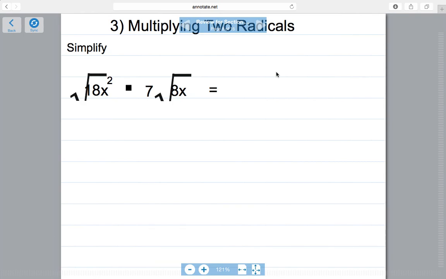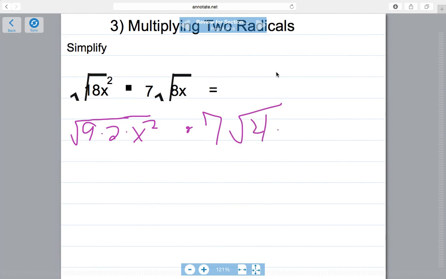So for this one, I'm going to work through it and again just pause it if you're confused and you need more time. So what I would do first is I'm going to find this perfect square in each of these square roots. So 18x squared is 9 times 2 times x squared, times, we have a 7 outside, 4 times 2 times x.